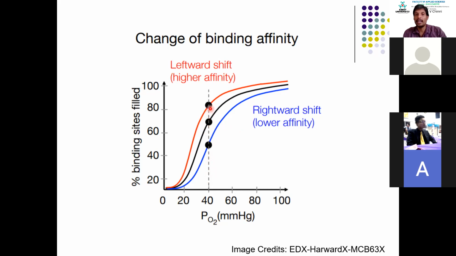Or if it has a slightly higher affinity, at the same 40 mmHg of oxygen, it will bind more oxygen, even though there is less availability of oxygen. Hemoglobin binds more than 80%, so it will give very little oxygen to the tissues. So this is another thing you need to understand.